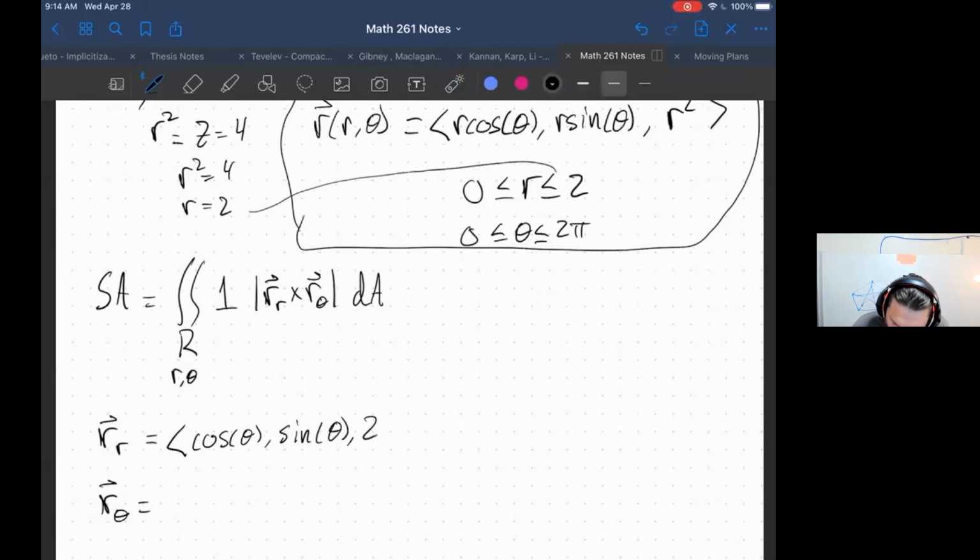Third term, you get a 2r. And for the derivative with respect to theta, well, cosine turns into a negative sine. Sine turns into a cosine. And r squared doesn't have any theta, so we just get a 0 there.